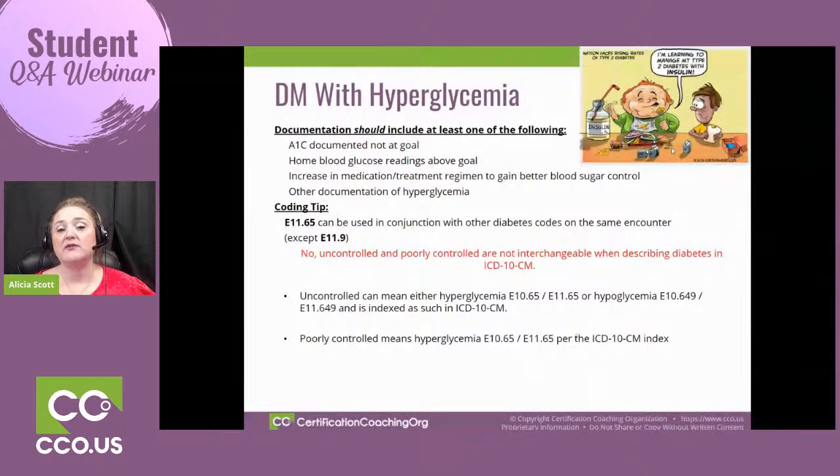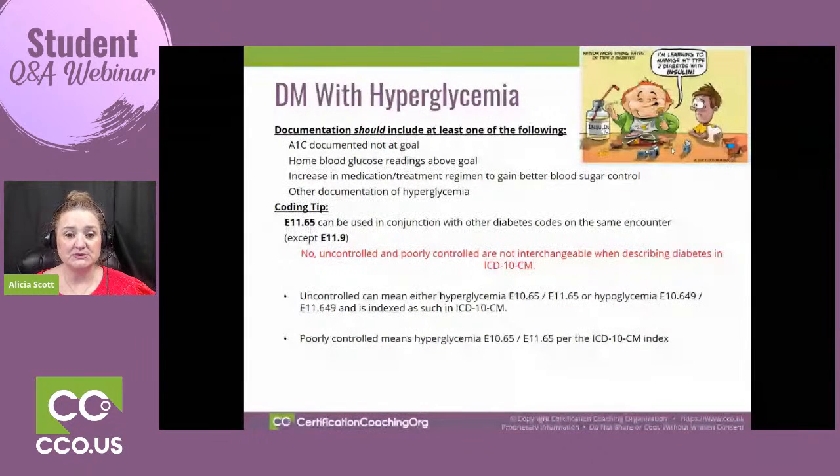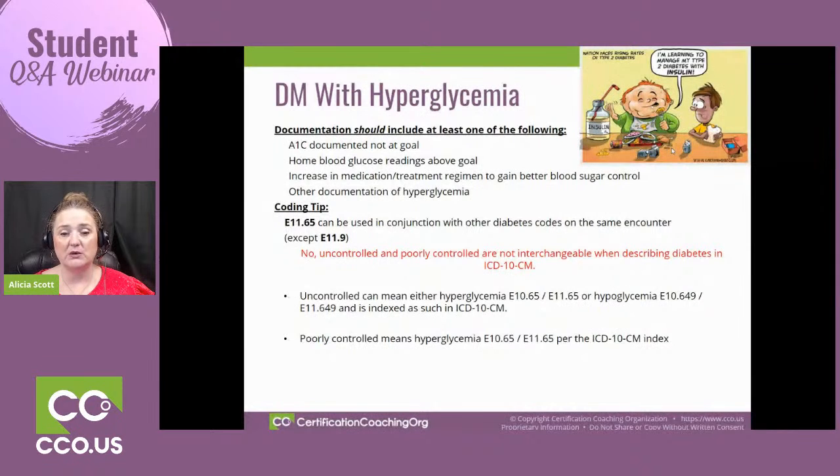If you have comorbidities or complications with your diabetes, you're not going to use E11.9. You can use multiple diabetic codes, but E11.9 is not one of those, because E11.9 means everything's going smoothly. So that is not the proper code to use.